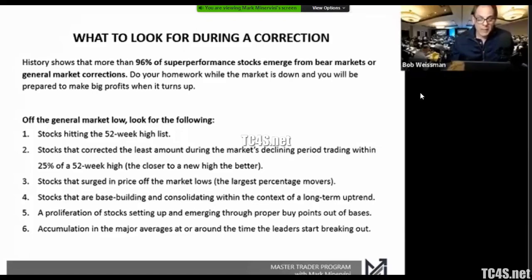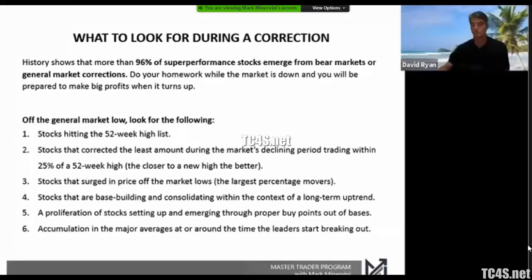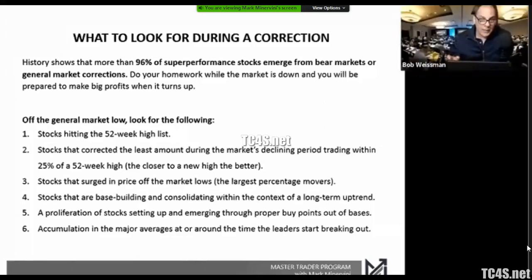And then you're looking for stocks that are building bases within the context of an uptrend. Stage 2 uptrend names that are building bases, and you want to see a proliferation of that. You want to see more and more stocks setting up, and the early predictive leaders emerging, holding up, and then another wave or two coming after those stocks.